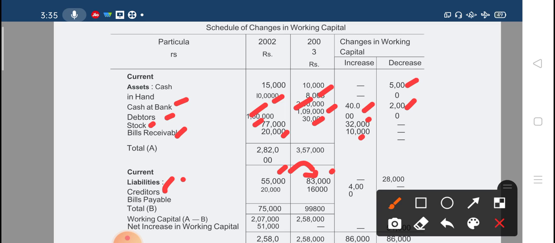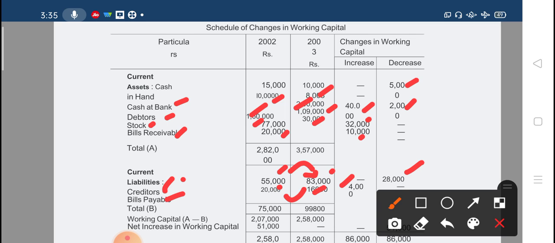Even though it is increased, since it is a current liability, we should treat it as a decrease in current liability. Bills payable 20,000 and 16,000, 4,000 decreased, but since it is a current liability, it is treated as an increase in current liability, that is 4,000.